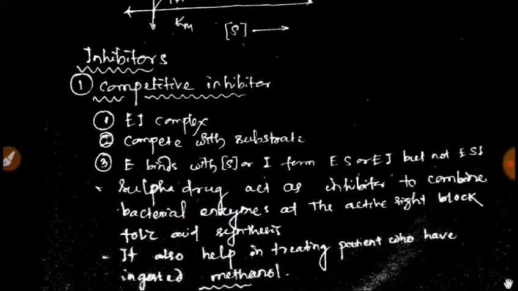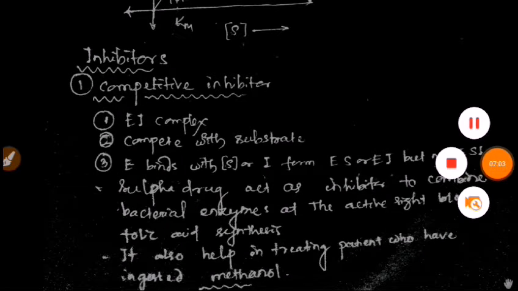Methanol means alcohol. In non-competitive inhibition there is no competition between substrate and inhibitor, and EI and ESI formation occur, because the inhibitor binds with the enzyme at a place other than the active site.